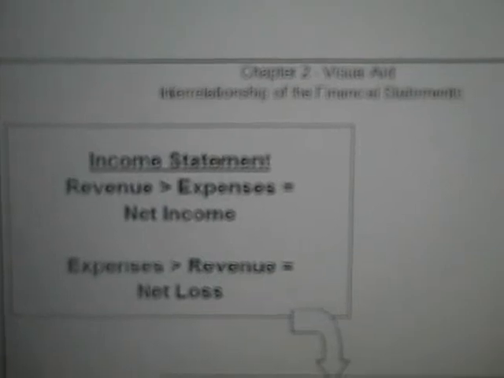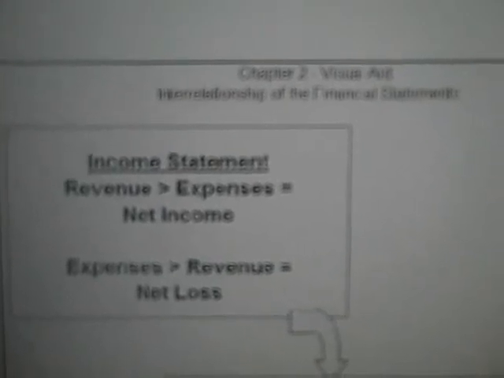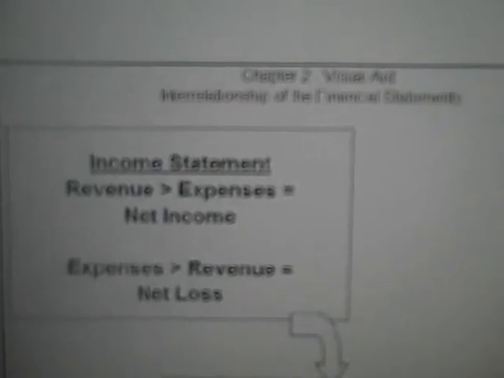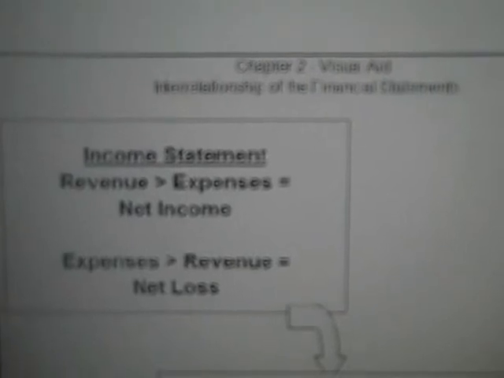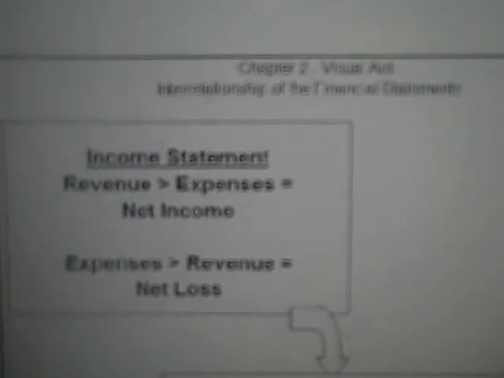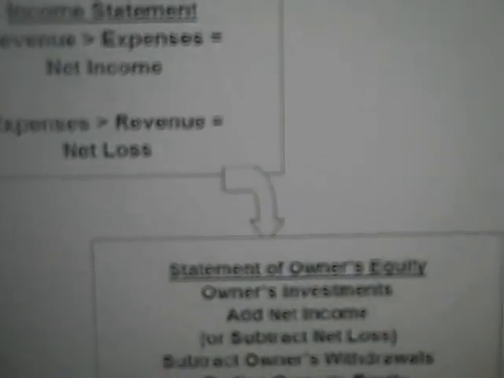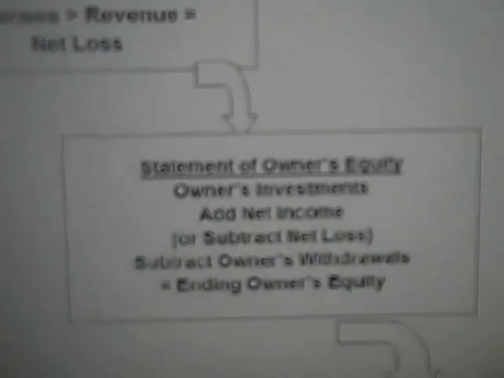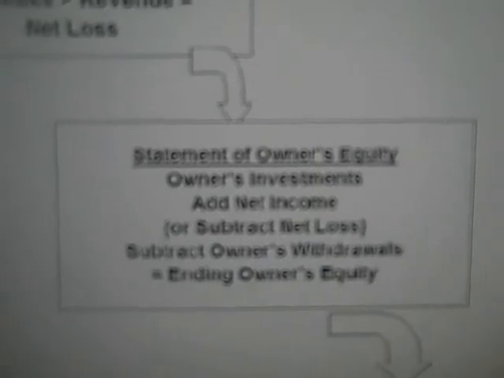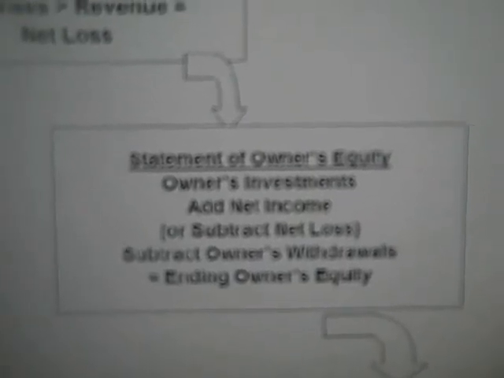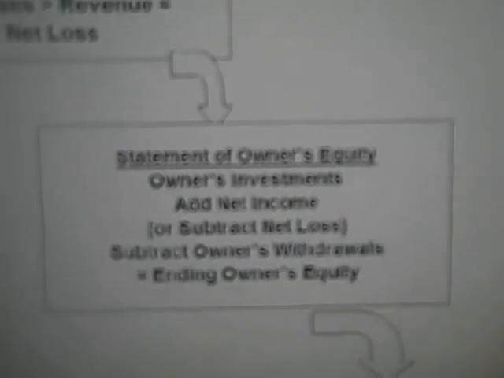These accounts appear on your income statement. These are your revenue and expense accounts. Now what happens when you determine if you have a net income or a net loss is that those figures then move on to your statement of owner's equity. And this is where you start to see the values that occur in your owner's equity accounts.